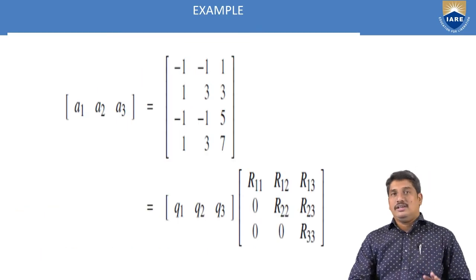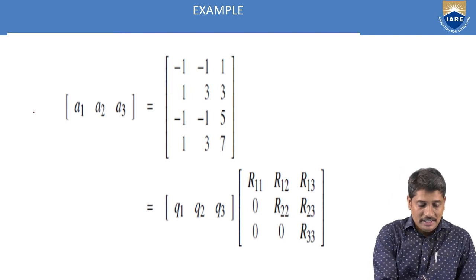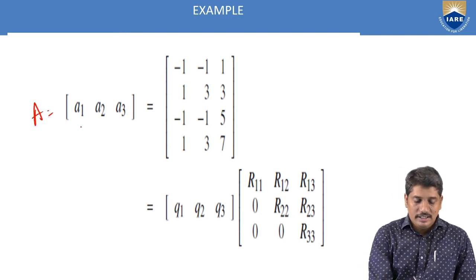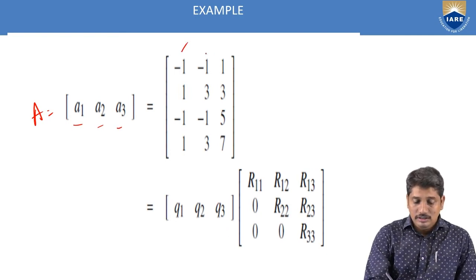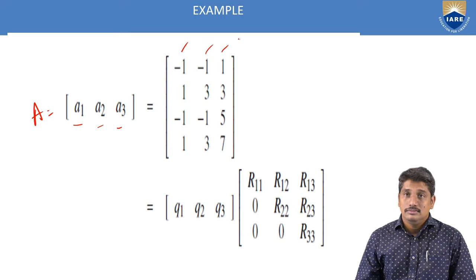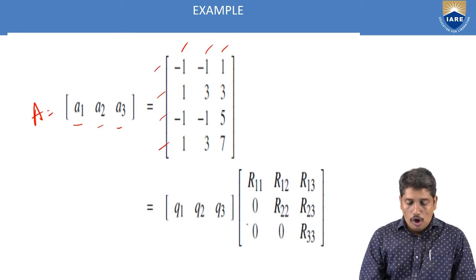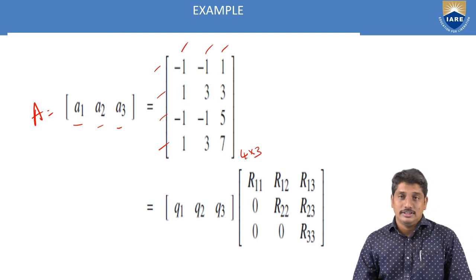Now, let us take an example. Let us take the matrix A, which has three columns A1, A2, A3, and four rows. So, obviously, the matrix A is of order 4 rows and 3 columns.